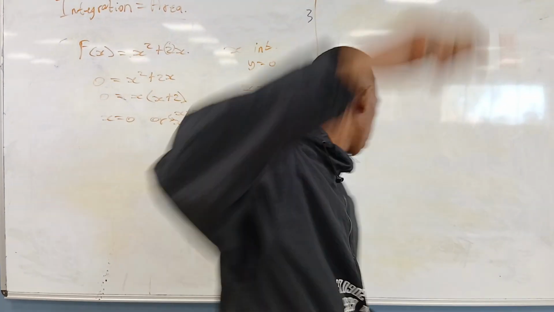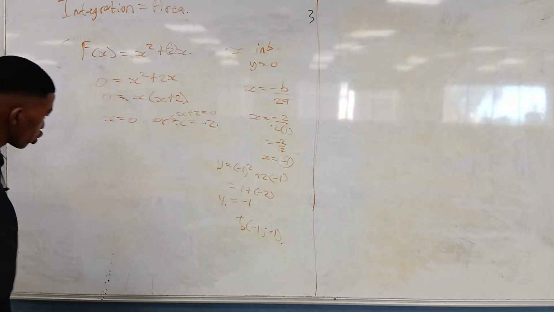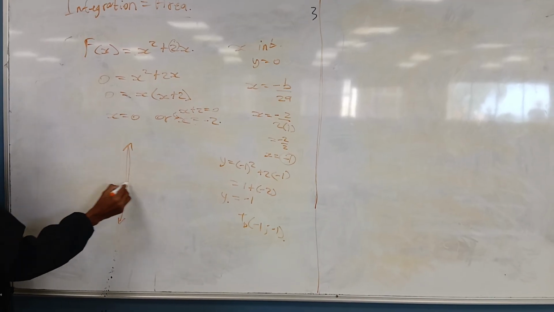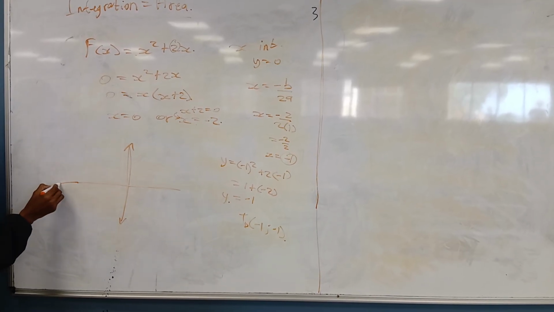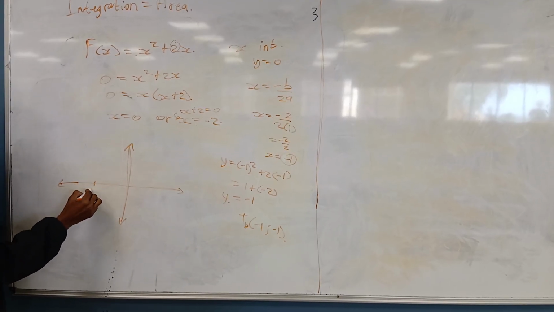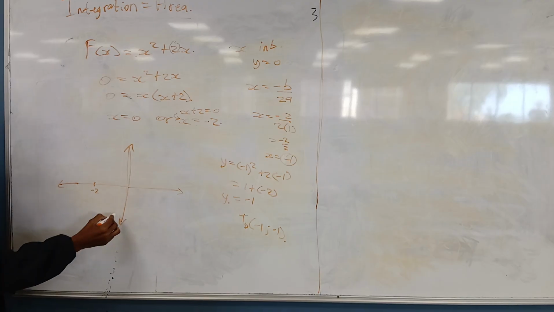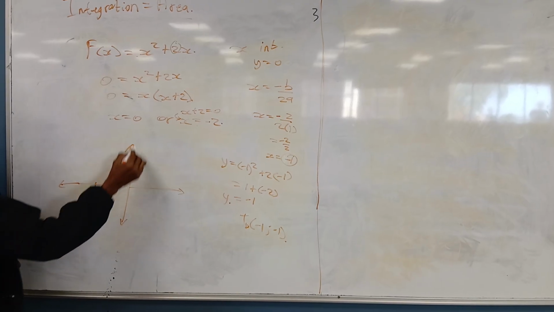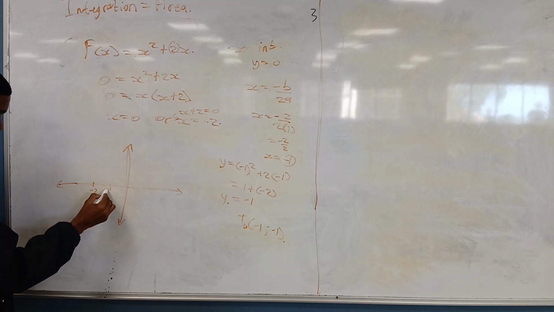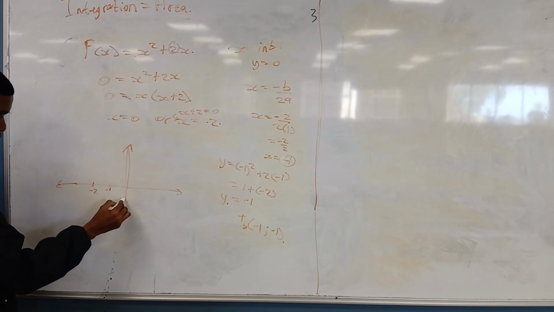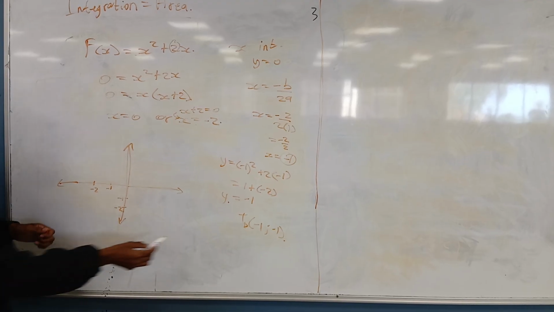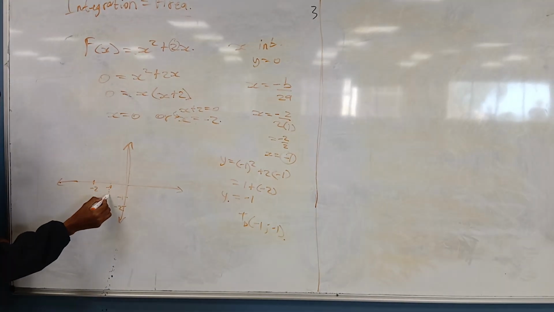Let us sketch it. Sketching the graph. Now let's say here we have your negative 2, then here it's going to be 0 obviously, and then the turning point, negative 1, negative 1.